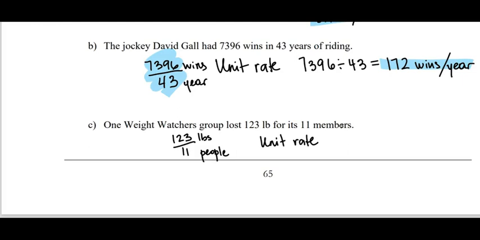So 123 divided by 11, it's going to be 11.2 pounds per person. Okay, so that's your rate, and then convert that to a unit rate.